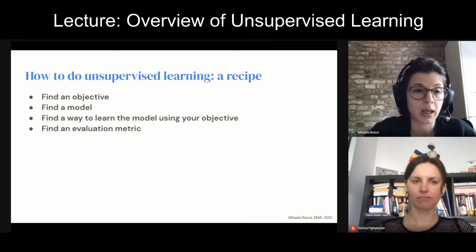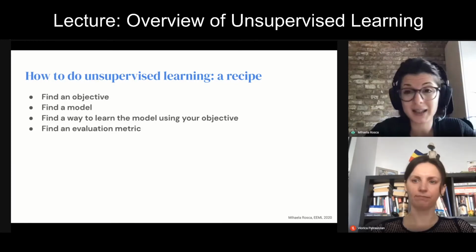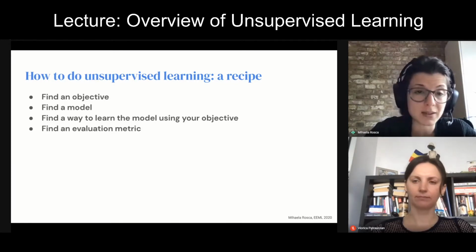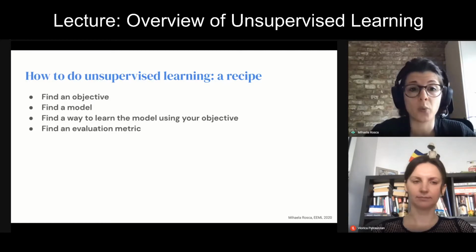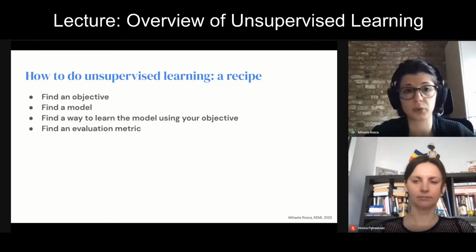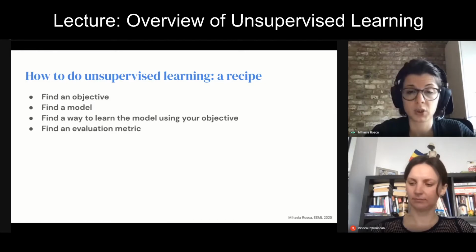So now that we say, okay, I want to do unsupervised learning, what do you have to do? Well, you have to find a few things. And the key message of this talk is that you have a lot of choices. And which choice you make depends on your end-to-end application and what you're trying to do. So this is broadly the case for any unsupervised learning approach. For example, the first thing that you would have to do is to find an objective. So how am I going to train my unsupervised learning model?